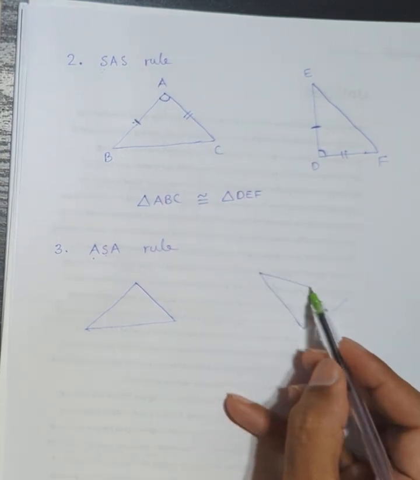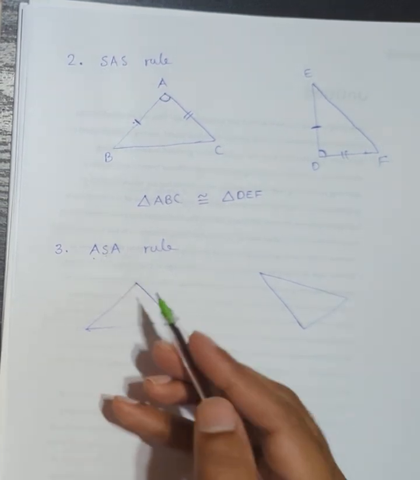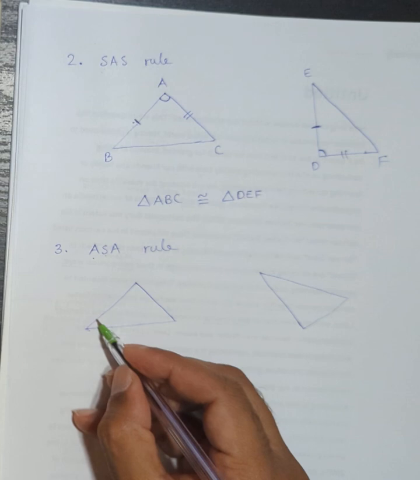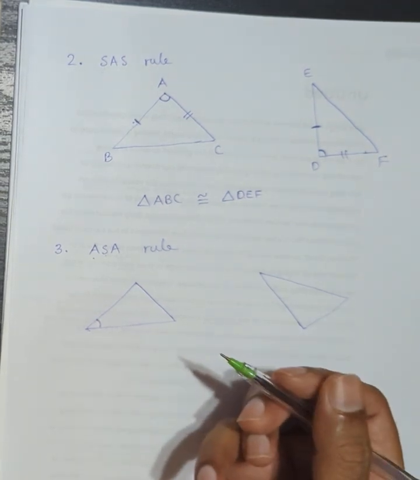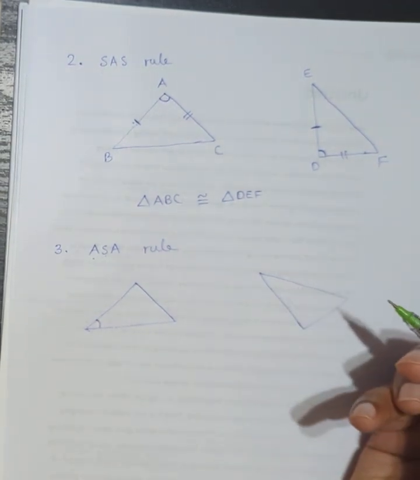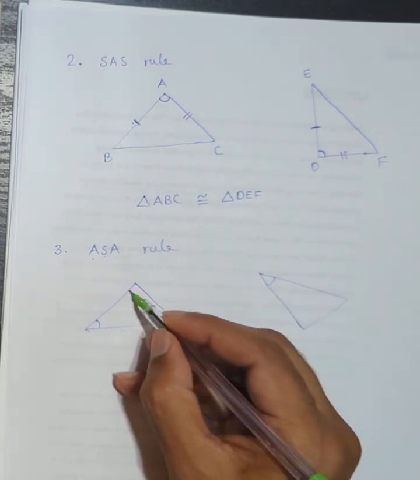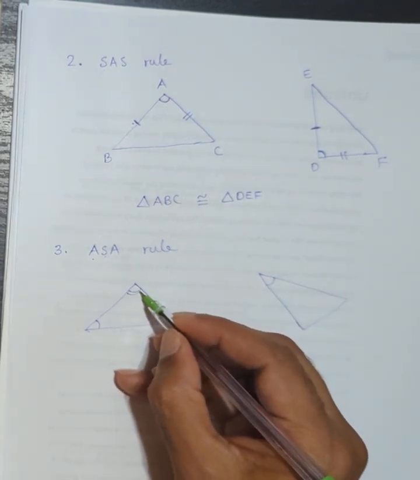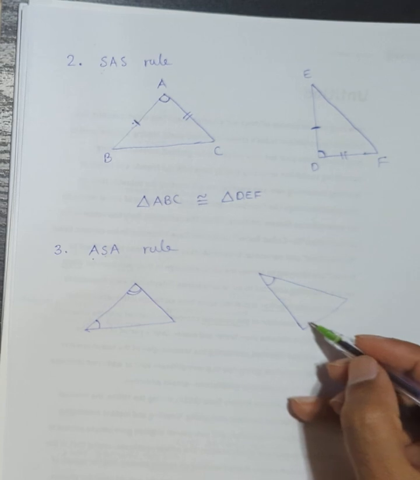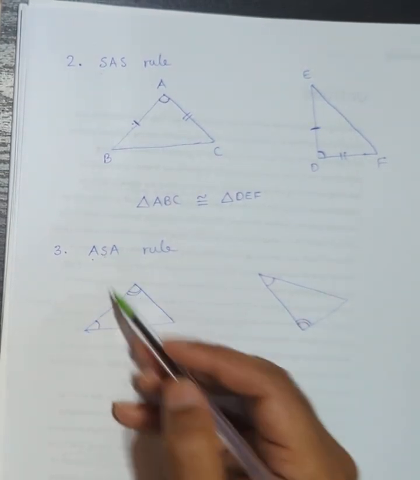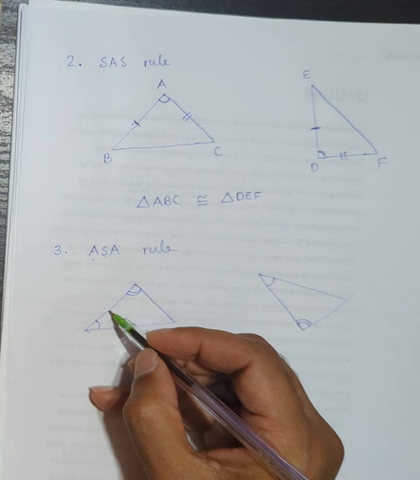So we have two triangles where two of the angles match. So let's say this angle matches with this angle, and this angle matches with this angle, and the side is between these two angles.